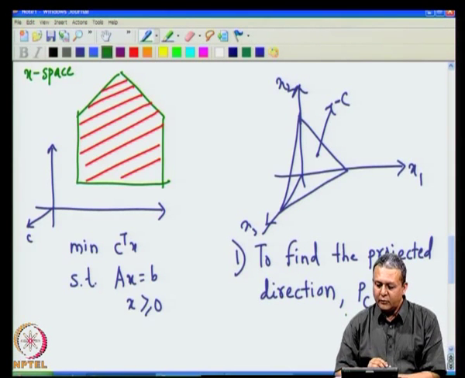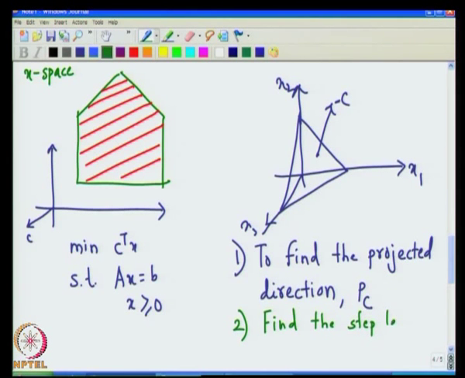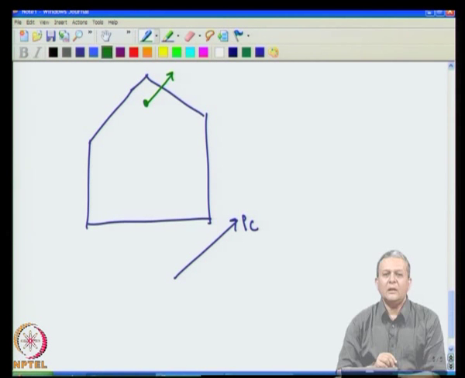So, find the projected direction PC, and then the second point is to find the step length. In our earlier nomenclature, this was called alpha k. The step length is chosen so that feasibility is ensured.